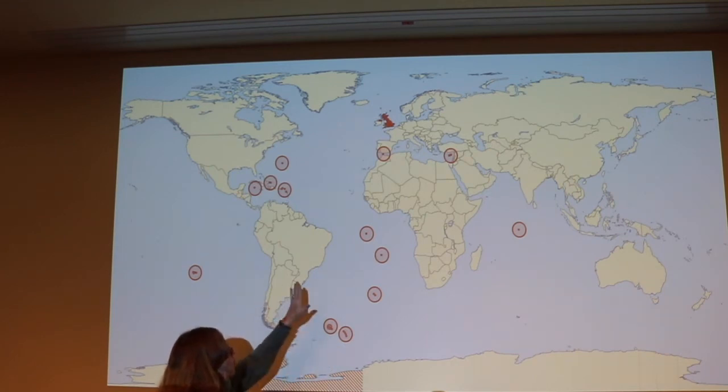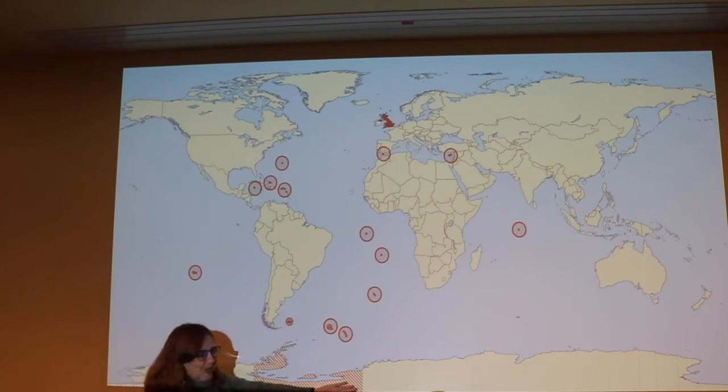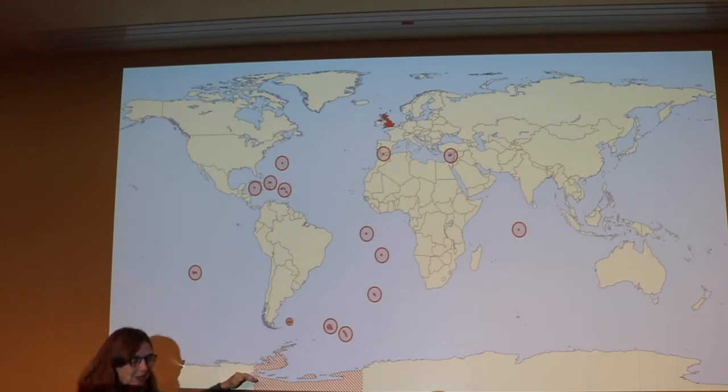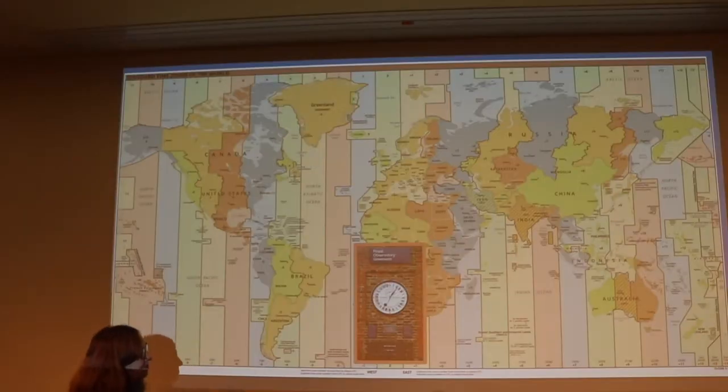These are the few islands left that are under British rule. And then, of course, remember last year, we talked about Antarctica. They do have a section of Antarctica where they have their scientists working. No one owns Antarctica, but the British have their small piece.